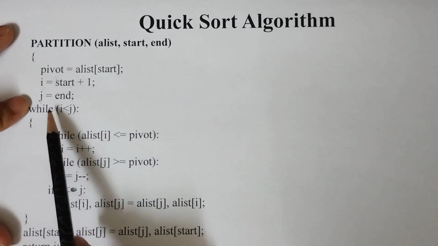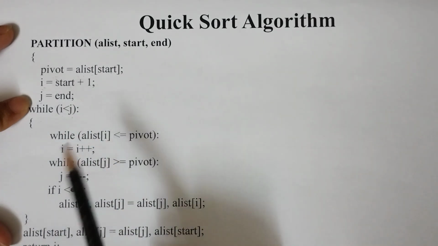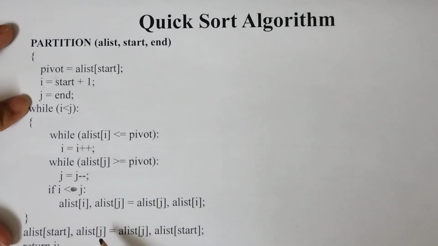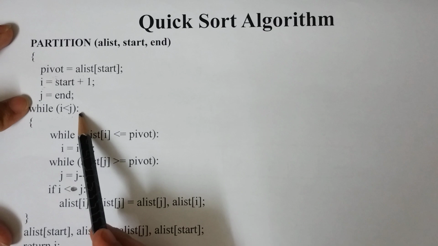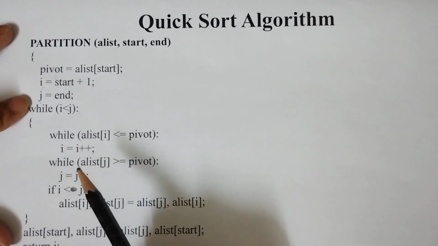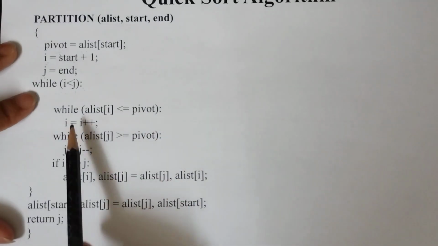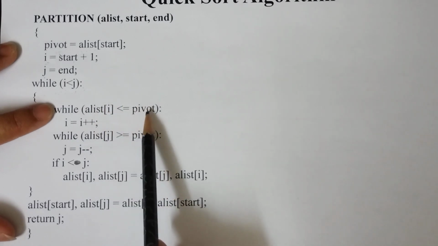First you need to check whether i is less than j, which means there should be elements in the array. Only if there are elements in the array can you perform this action. Otherwise, if i is not less than j, you cannot perform these actions, because there are no elements in the array. Now you check whether A list of i is less than or equal to pivot.